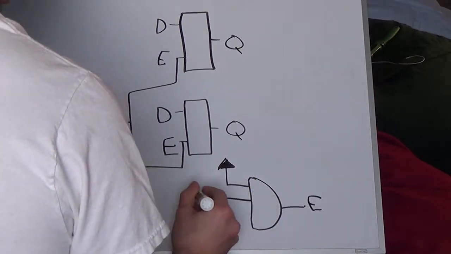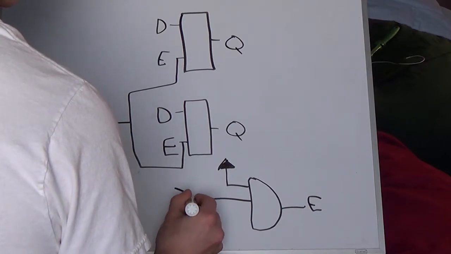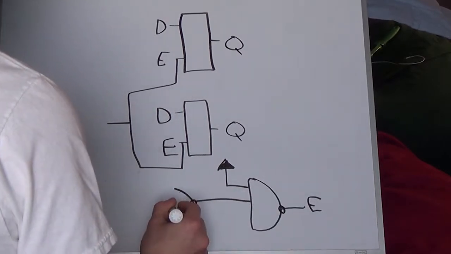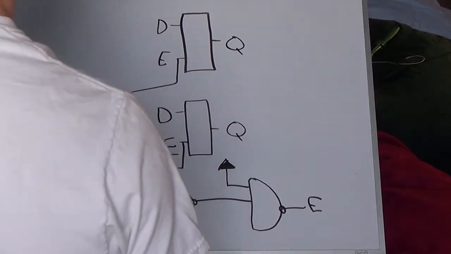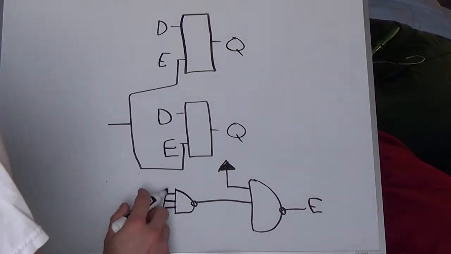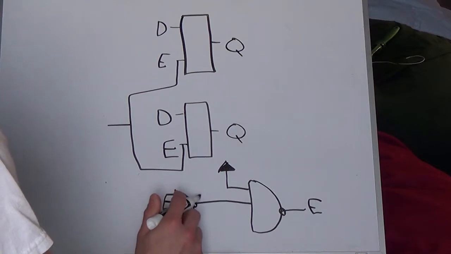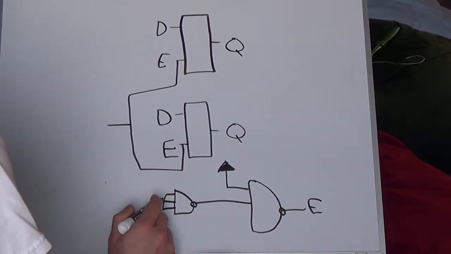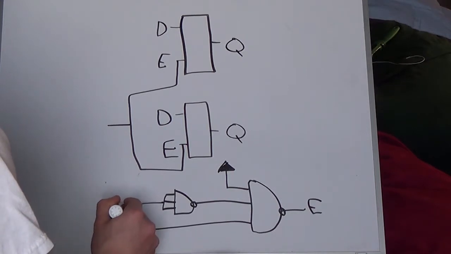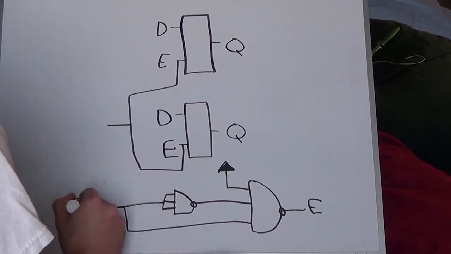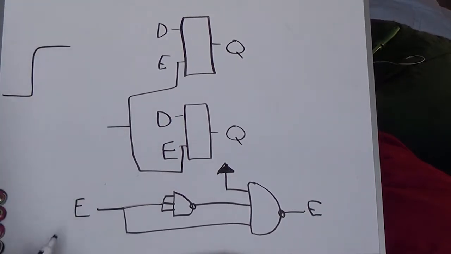I had this be an inverted version of the signal, and I used a 3-input NAND gate. In order to use a 3-input NAND gate as an inverter, all the inputs are tied together, so if you have a positive signal here, that'll be low. If you have a low signal here, that'll be high. And I had these two wires connected, and this ran to the signal that we talked about up here.